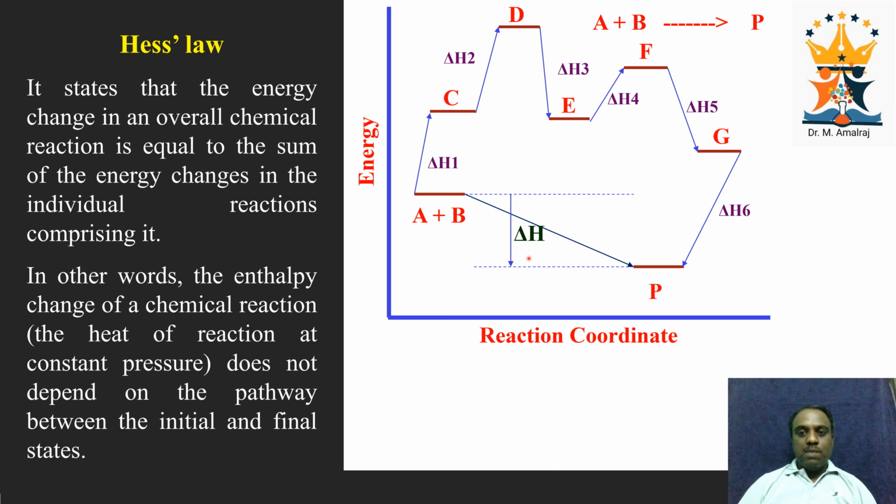Whatever the pathway may be, the overall delta H will be the summation of all the individual delta H. That is, the enthalpy of the overall chemical reaction is equal to the sum of energy changes in the individual reactions. The same concept we are going to apply to the Born-Haber cycle to describe the formation of an ionic compound.